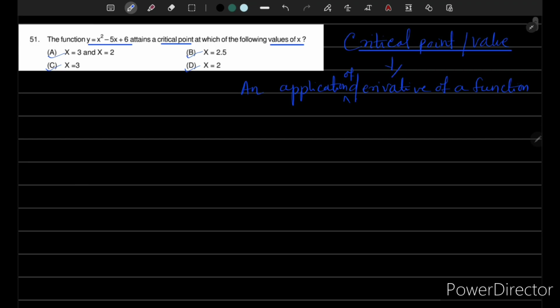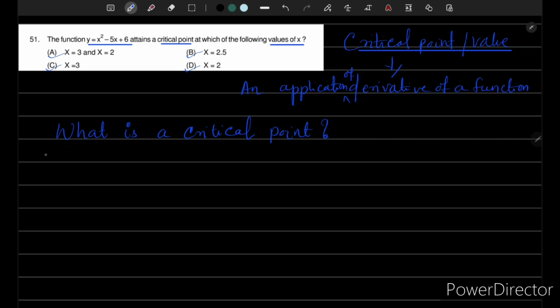We have already solved various questions related to derivatives, and before discussing the solution of this question, we have to discuss something about a critical point. So what is a critical point?